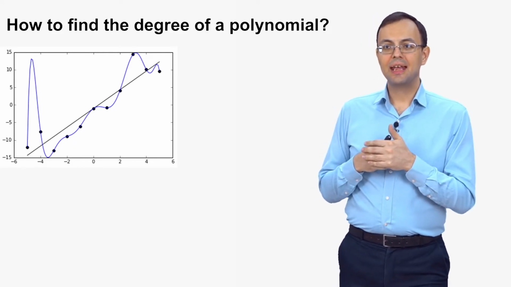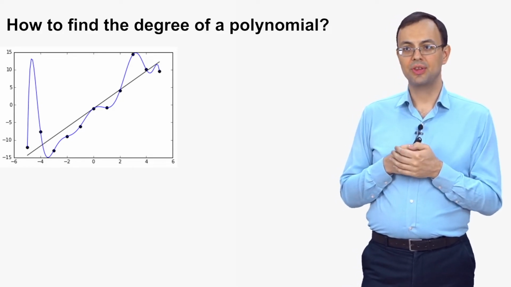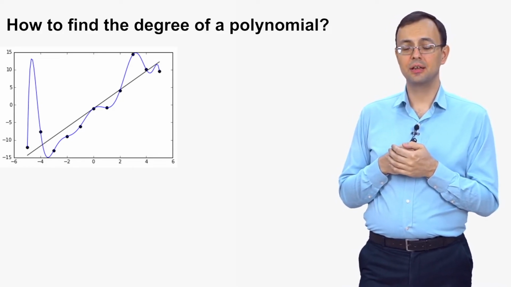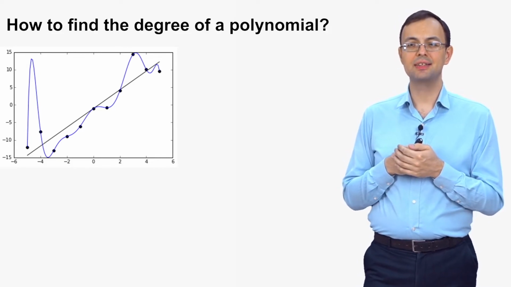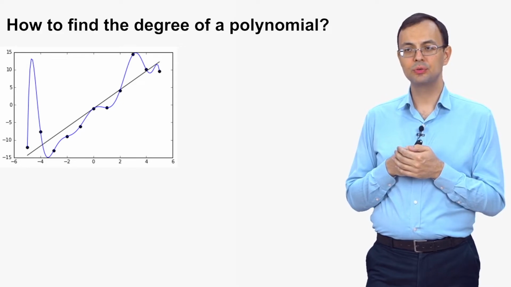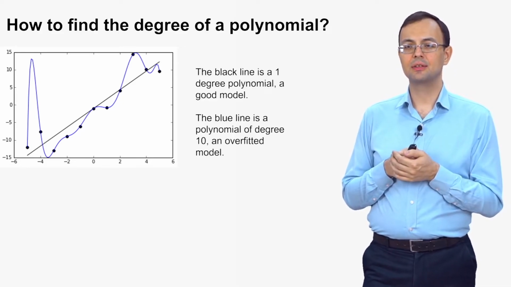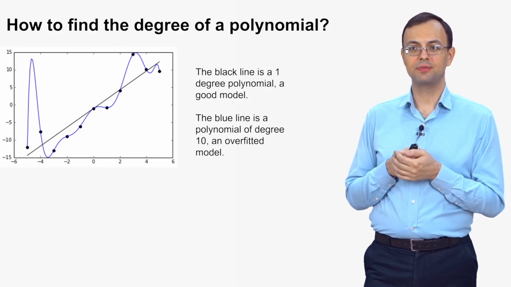You see that this picture shows you that it is a bad idea to make m too high, too big. Here the black points are observations.